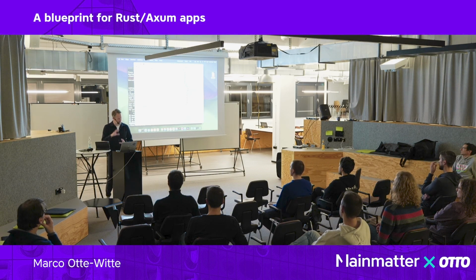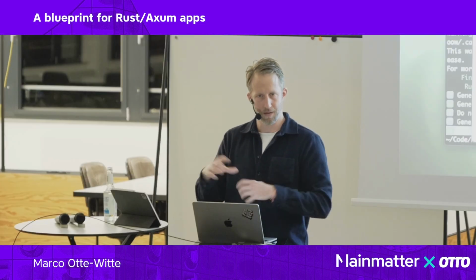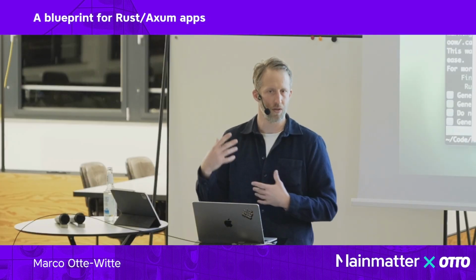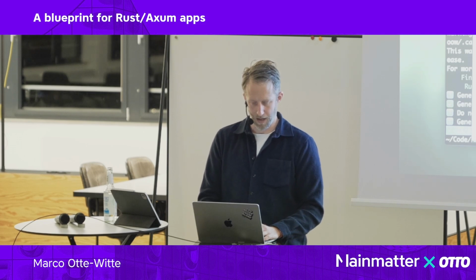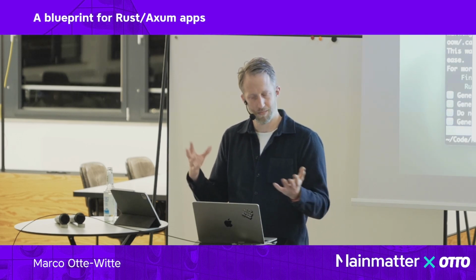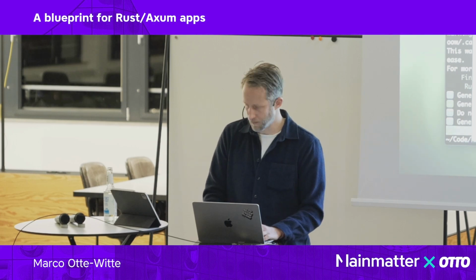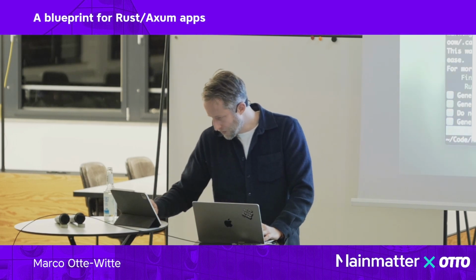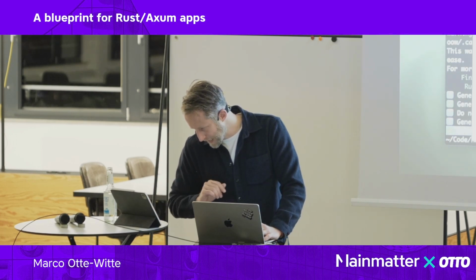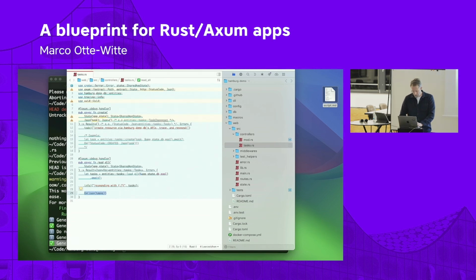Pretty straightforward, but still very clear separation of concerns. So if you have the database stuff in a separate crate, and this is just using an interface to load the tasks, you could change all of the data loading without having to change the web interface as well, of course. So just making sure I didn't forget anything here. Which would prevent this from working. No, this should be fine.